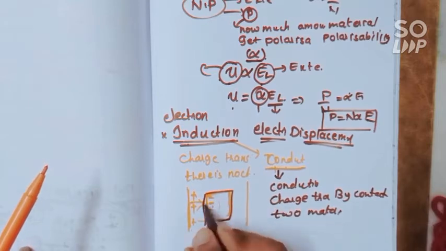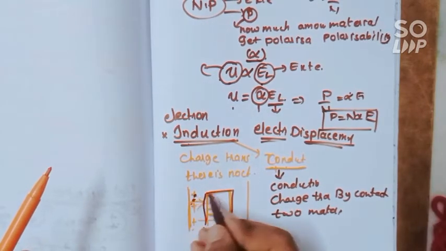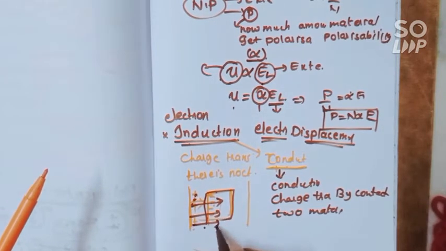When the induction process is done, the charge gets displaced from one place to another, and this displacement is called electronic displacement.